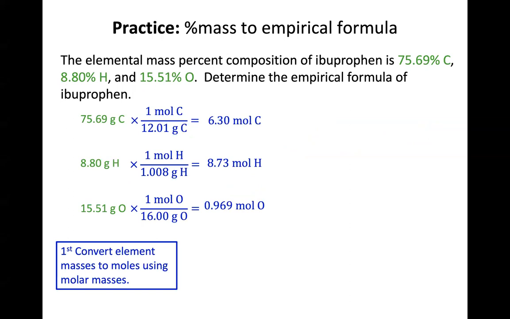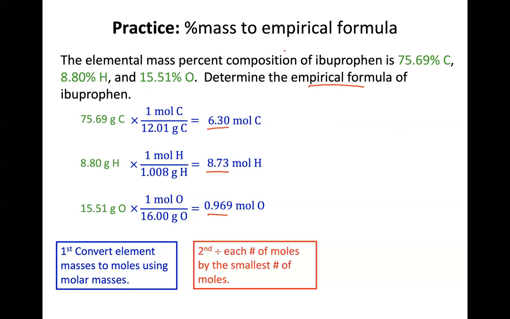Well, because we want to determine the empirical formula and we need the simplest ratio of each of the atoms, and we can't have half an atom of oxygen, for instance, what we do is we find which of those values is the smallest, and then we divide everything by the smallest value, and then one of those would end up equaling 1, right?